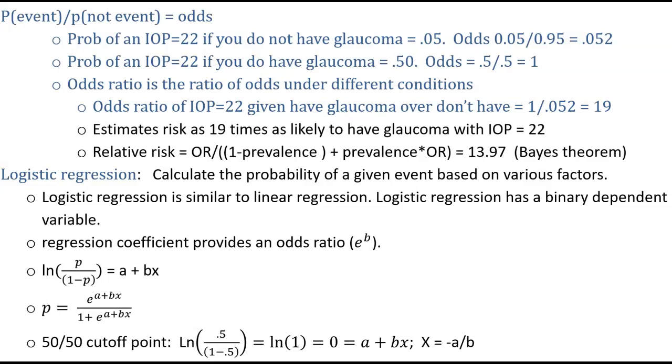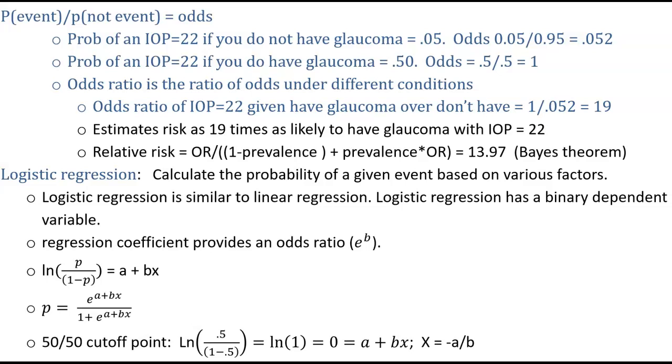When we talk about logistic regression, the primary characteristic is that the dependent variable is binary. Because it's binary, the slope that we get from the regression equation does not show an increase in the dependent variable with a unit increase in the independent variable.